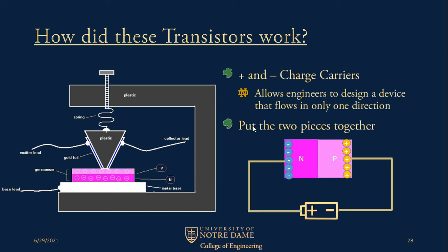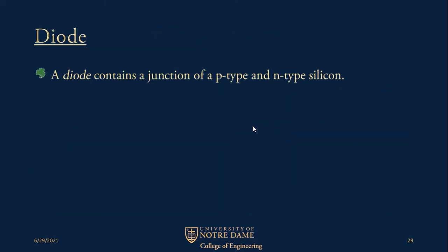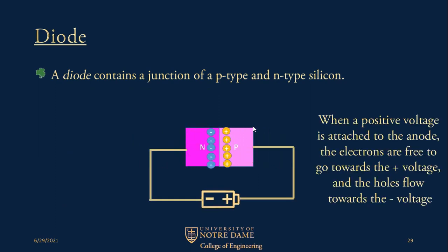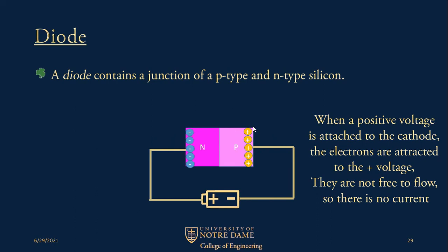If you switch the battery around, the electrons will try to go towards the positive, and the holes will try to go towards the negative part of the battery, which will stop the flow. Which is why when we use a diode, it only allows flow in one direction. When the positive voltage is attached to the anode, the electrons are free to go towards the positive voltage and the holes flow towards the negative voltage. Likewise, when we flip it, they are not free to flow, so there is no current.